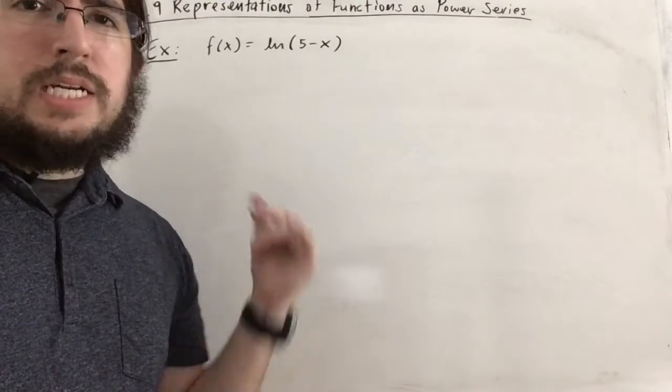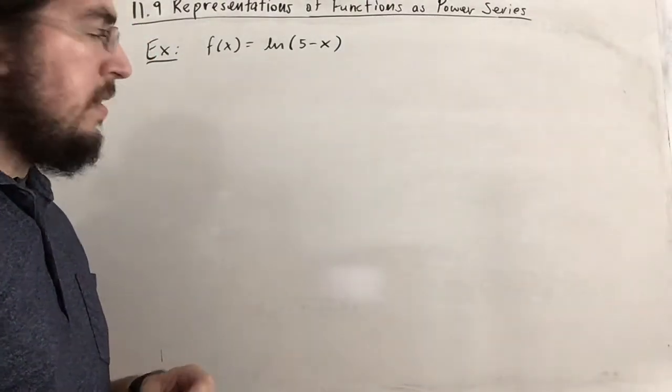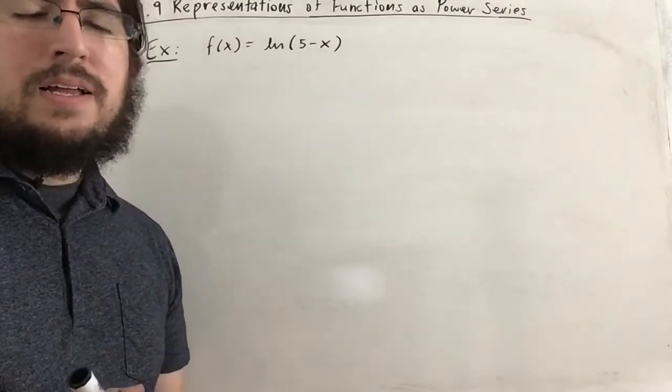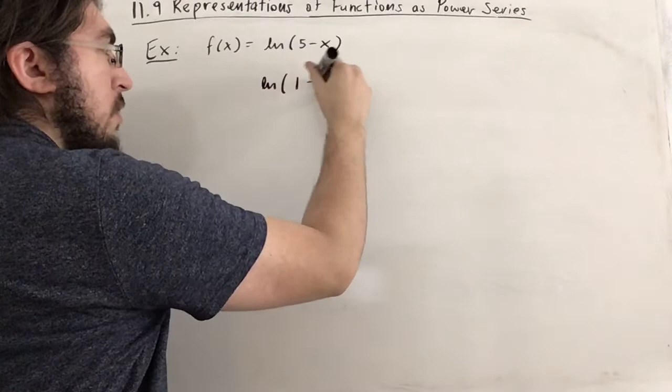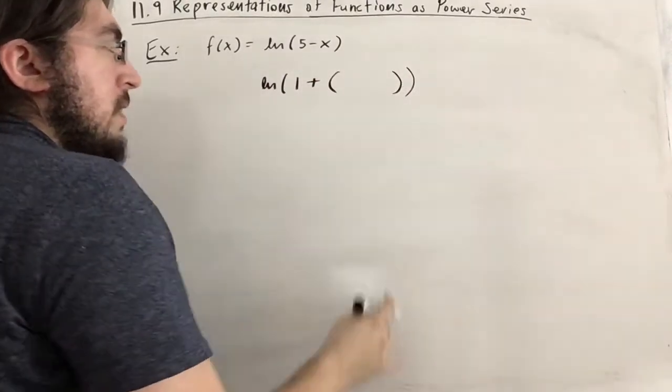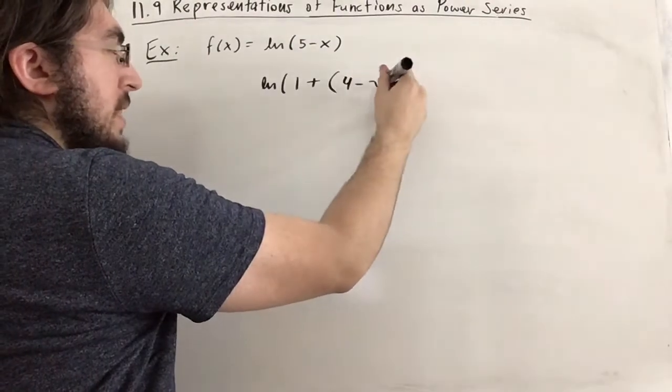Now, this looks really similar to what we saw with ln of 1 plus x. In fact, there's a way to leverage that, I think. Let's see if we can write this as ln of 1 plus something. ln of 1 plus what? Well, notice this is 1 plus 4 minus x.